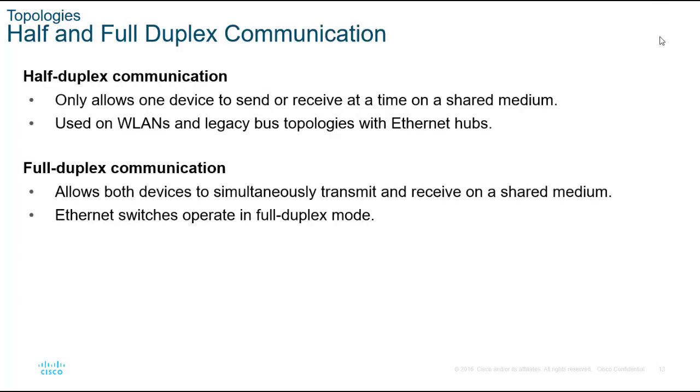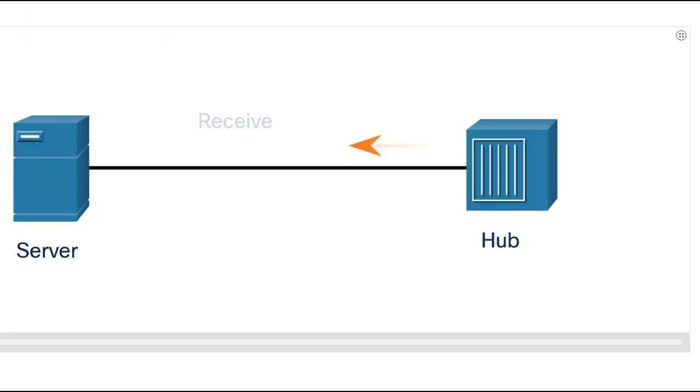In local area networks or LANs, duplex communication means the direction of data transmission between 2 devices. The 2 common duplex modes are half-duplex and full duplex. Half-duplex communication allows both devices to communicate on the shared media, but not at the same time.